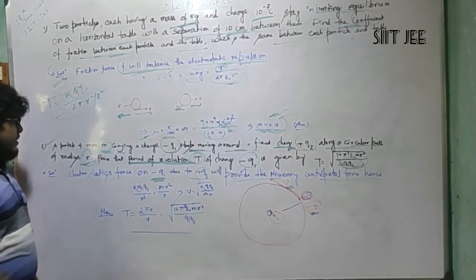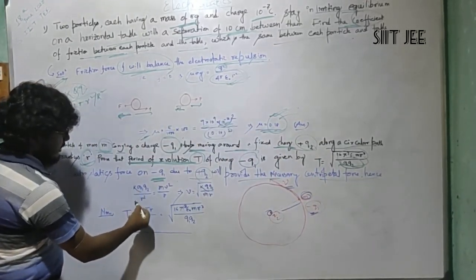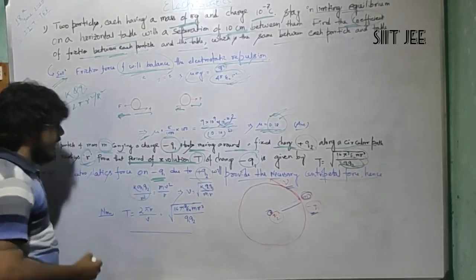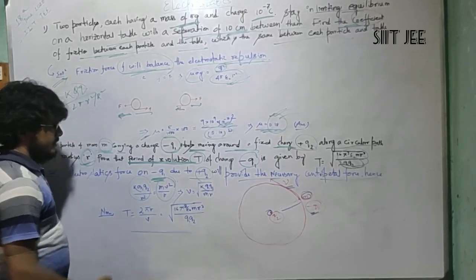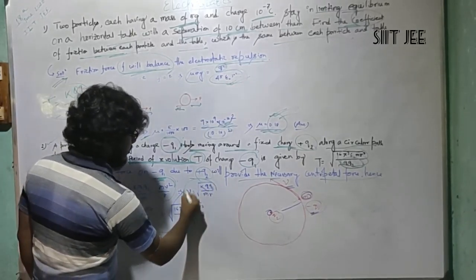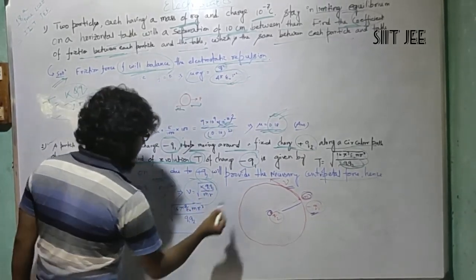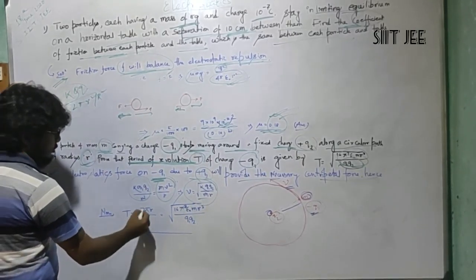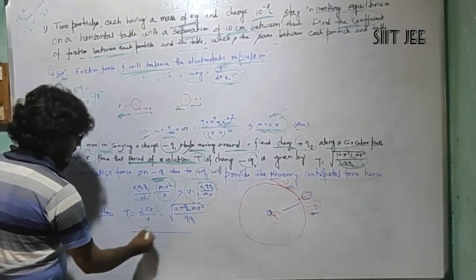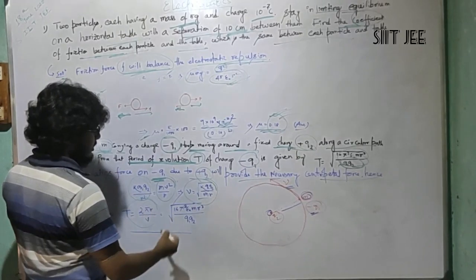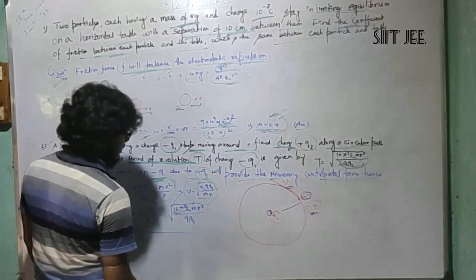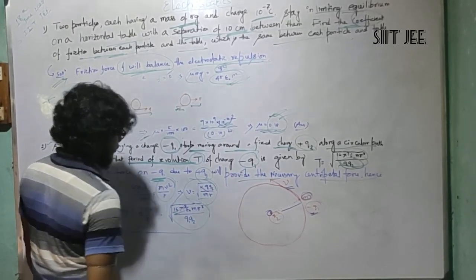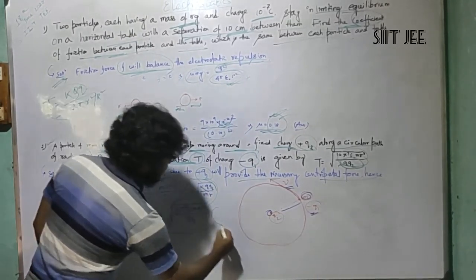Hence k q1 q2 by r square is equal to m v square by r, so v is equal to root of k q1 q2 by m r, and T is equal to 2 pi r by v, which gives root of 16 pi cube epsilon 0 m r cube divided by q1 q2. Proved.